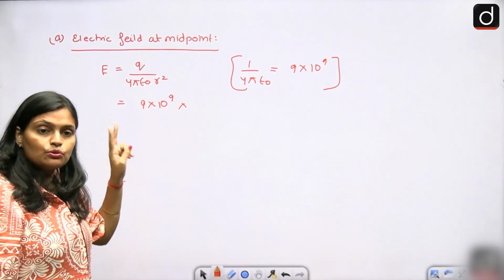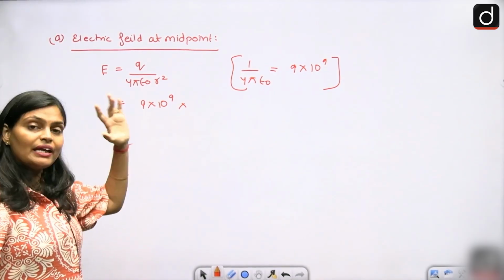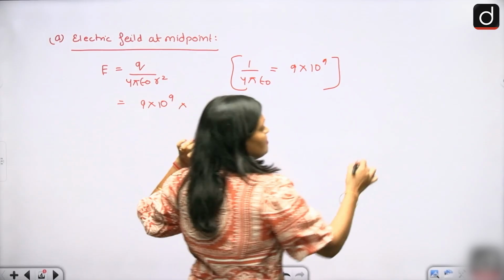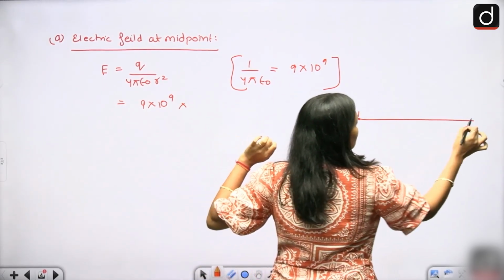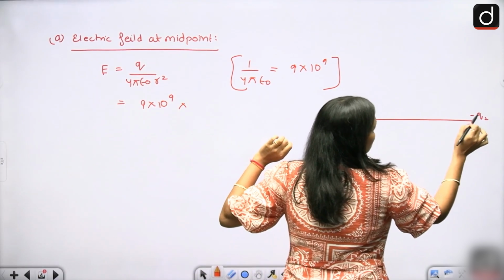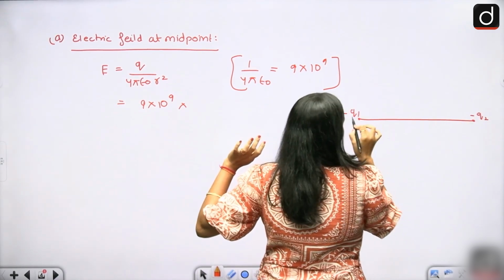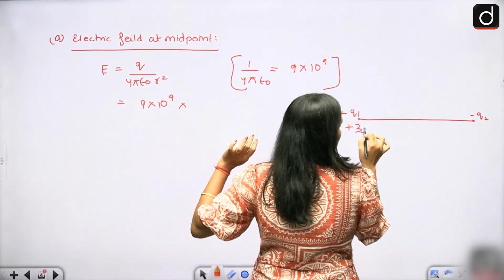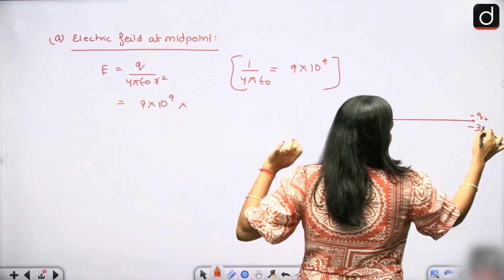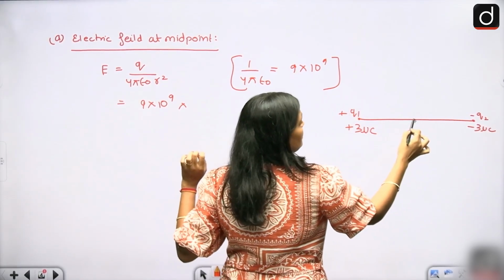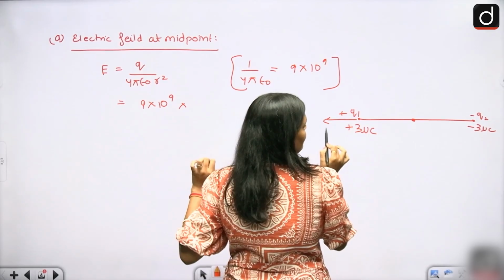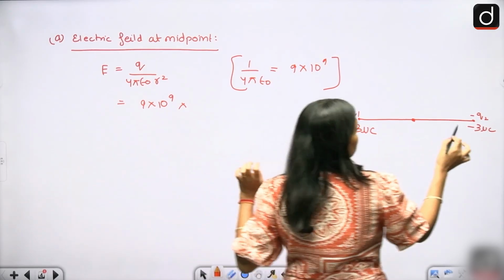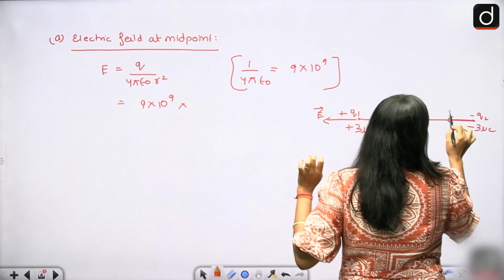There are two charges, so first we calculate for one charge. Suppose here you have plus Q1 and here minus Q2, that is, plus 3 µC and minus 3 µC. At the midpoint, the electric field due to this charge is in this direction, and due to the other charge it is in this direction.